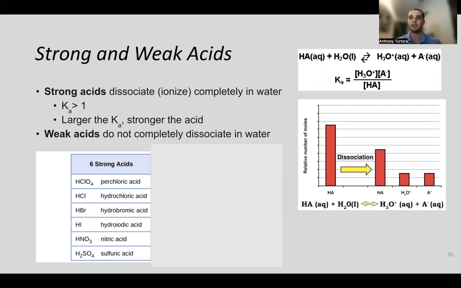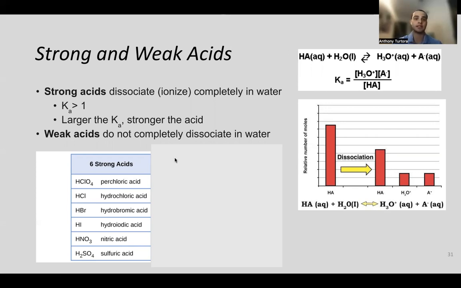So when we look at this equation up here, we have HA plus H2O in equilibrium with H3O plus and A minus. So we have our Ka value here. And when we look at this graph, we see it's dissolved in solution. We know this is a weak acid because after dissociation, we still have some HA in solution, where if this was a strong acid, we would no longer have any HA and it would all be H3O plus and A minus, as this reaction would completely ionize and be complete.